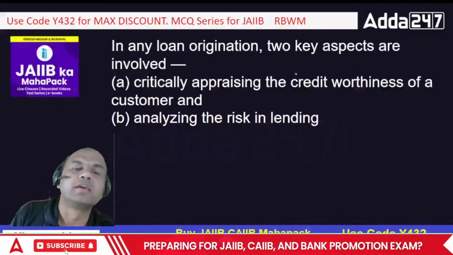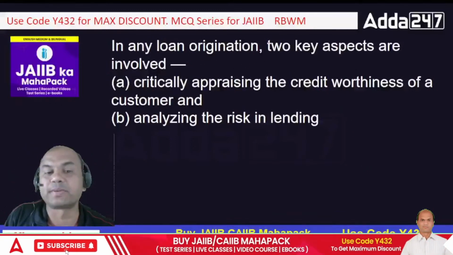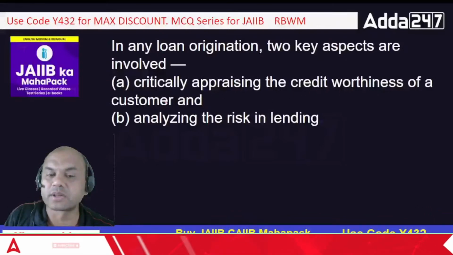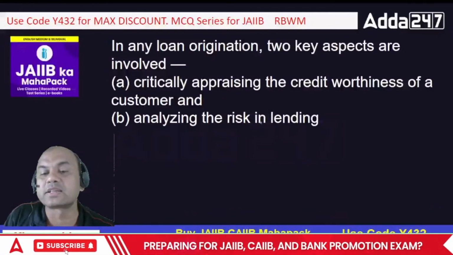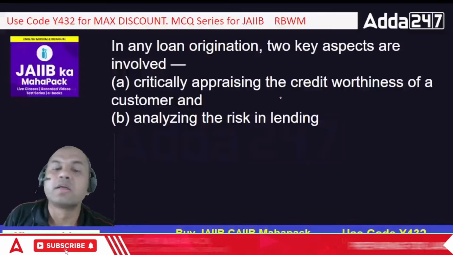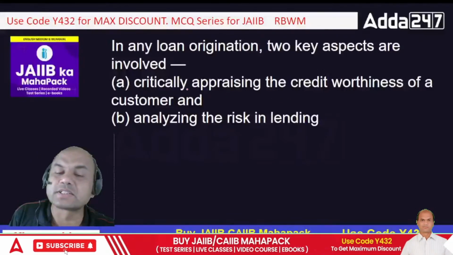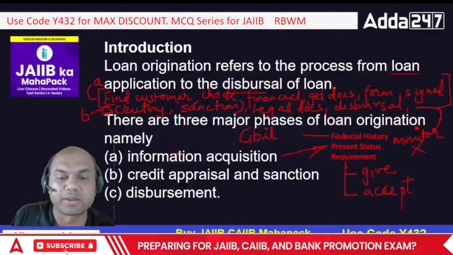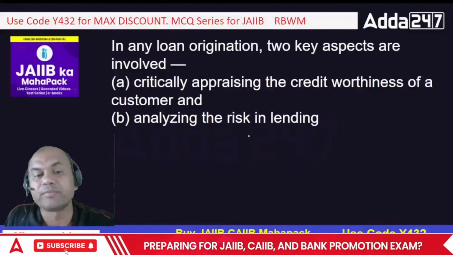Okay. In any loan origination, 2 aspects are involved. One, critically appraising the credit worthiness of the customer, and second, analyzing the risk in lending. Now 2 things, where do these stages come? These stages come in part B over here. See this part B, appraisal and sanctioning. Okay.